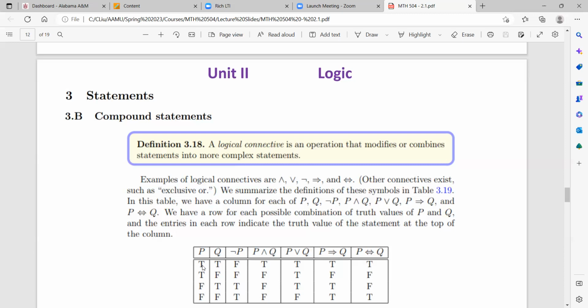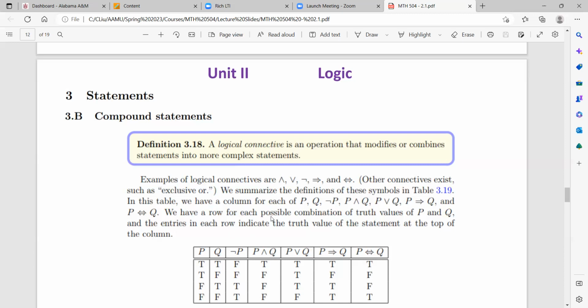For example, P true, Q true; P true, Q false; P false, Q true; P false, Q false. Okay, so that's all the combinations of truth values of P and Q. And remember all the compound statements we just discussed, the 5 types of logic connectives.